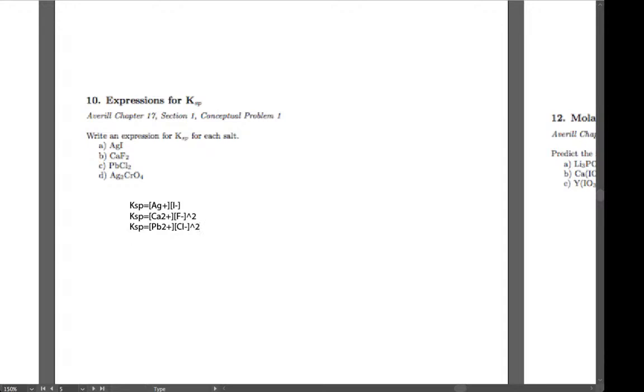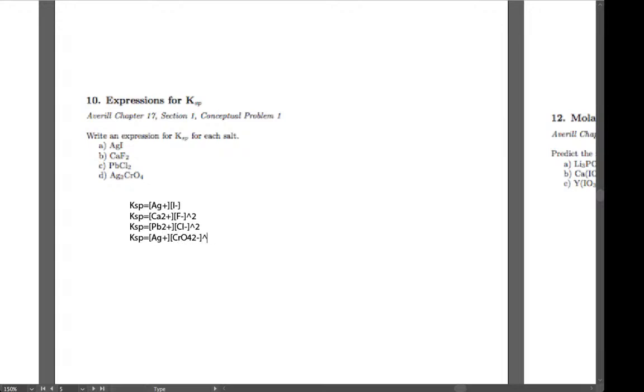And then lastly for D, KSP would equal the concentration of silver plus, wait, yeah, Ag is silver, silver plus and chromate, which is CrO4 2 minus, squared.